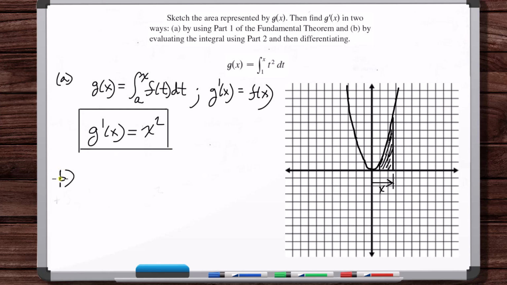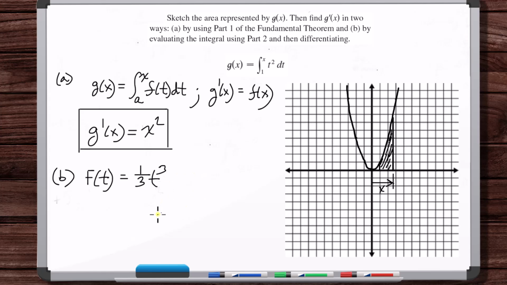Okay, B. We're going to find g prime of x. To get g prime of x, we're going to evaluate the integral using part 2 of the fundamental theorem and then differentiate. So to evaluate this integral using part 2 of the fundamental theorem, we need to find capital F of t. Taking the antiderivative of t squared, that would be 1/3 t cubed plus c, but for the fundamental theorem part 2, we don't need to worry about the plus c.